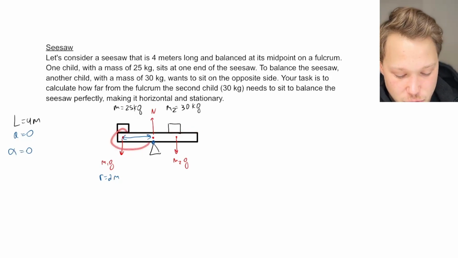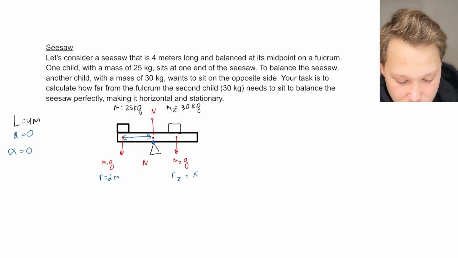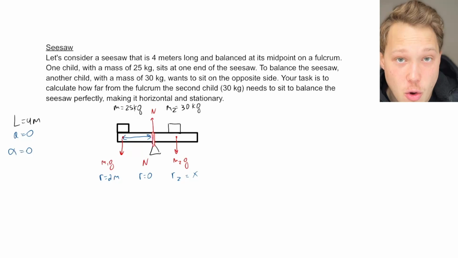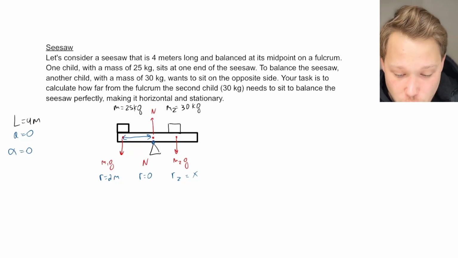So 2 meters right here. This one is unknown, so x. And the normal force N, since it's applied at the point of rotation, its radius is 0, since it's at the point of rotation, a distance of 0 away from where we're rotating.